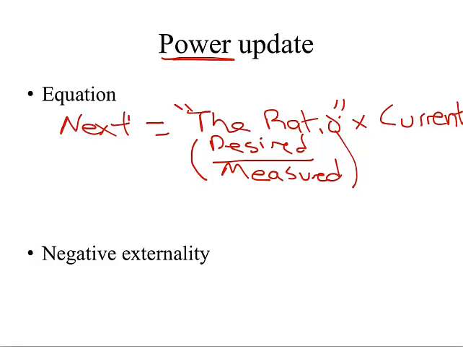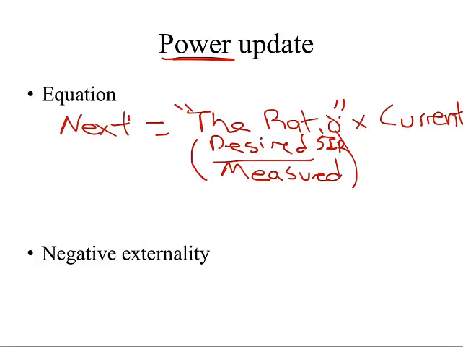And so this is really similar in spirit to the TPC, transmit power control update equation, where instead of having desired over measured signal to interference ratio, as we're doing here, these are all SIRs, we had desired power divided by the measured power times the current power. But really, again, since we're looking at signal quality here, we're going to look at the ratio of the desired SIR to the measured SIR.